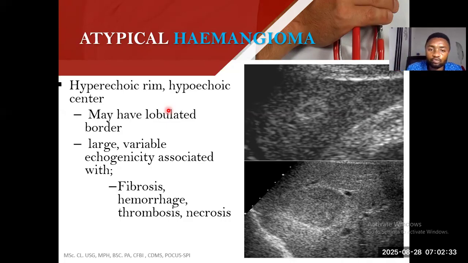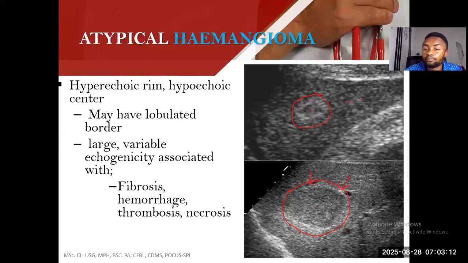If you see this lesion over here, you can see that the borders are white, even though not purely white. But the inside cannot be compared to the borders in terms of the whiteness. This one too, the borders are white, but the inside is not that white. And those are the atypical hemangioma.